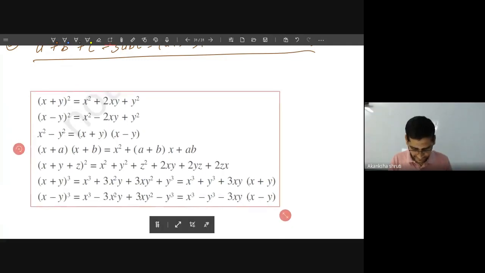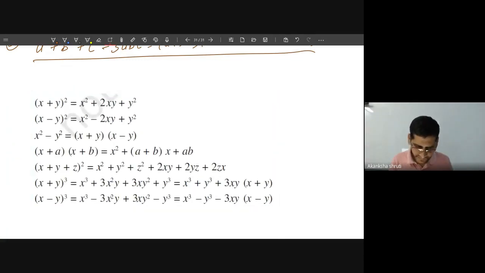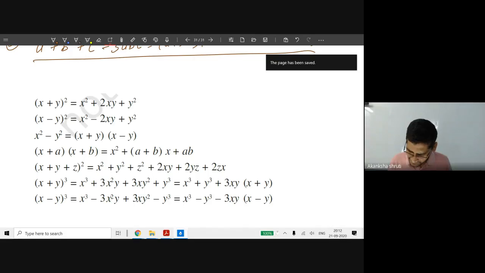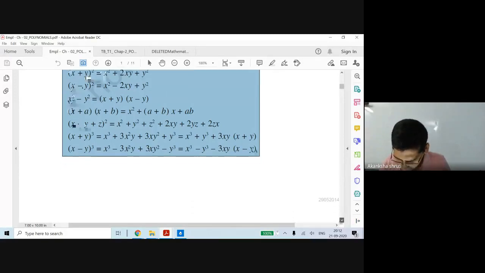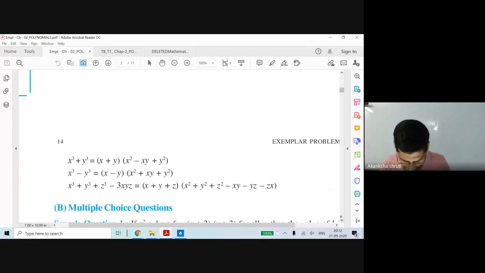These are the identities. The two other identities are this one.